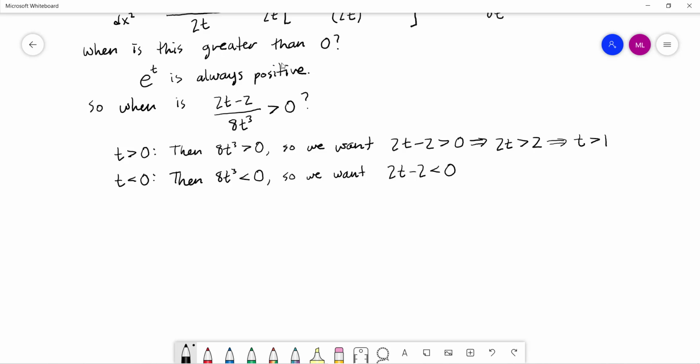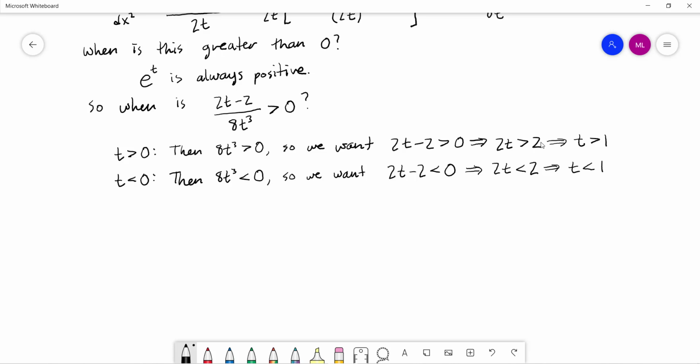When is that going to occur? Well, same argument. Now 2t is less than 2, so add 2 to both sides, which implies that t would have to be less than 1 in this particular case. So we've divided both sides by 2.